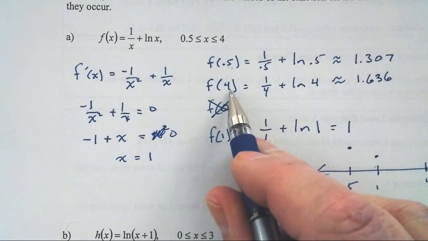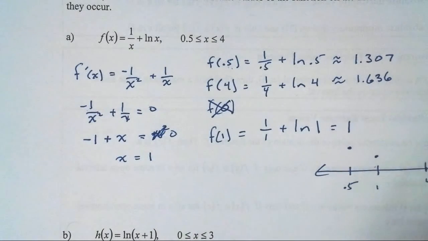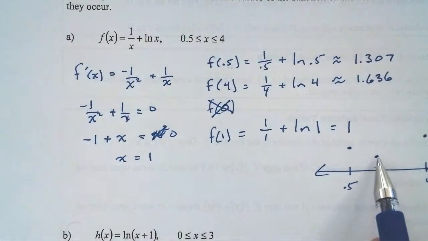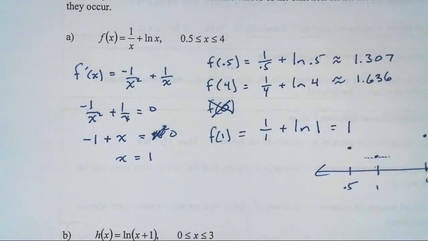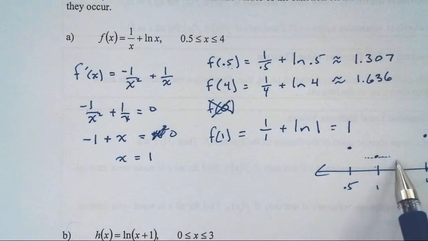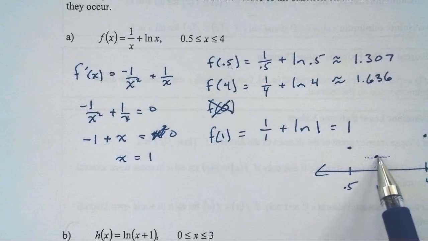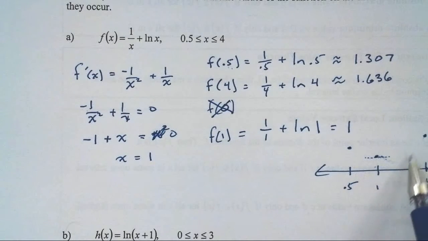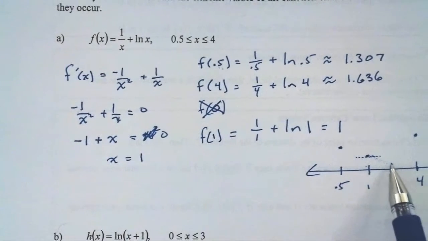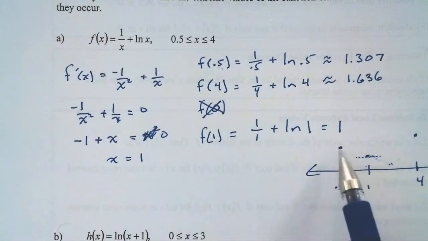And at 4, I'm up even further than that. So the question is, does that mean that at 1 this is a relative minimum? I know the slope's 0 here. Might it go down further and come back up? It can't, because in order for it to go down further and come back up after it stays stationary, it would have to level off again. And if it levels off, it has a slope of 0.